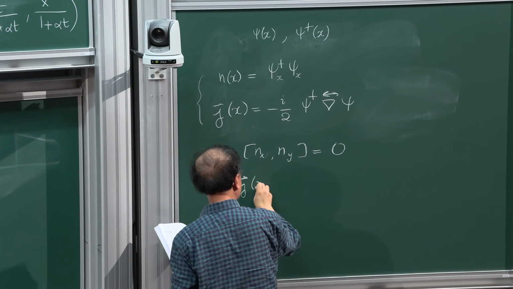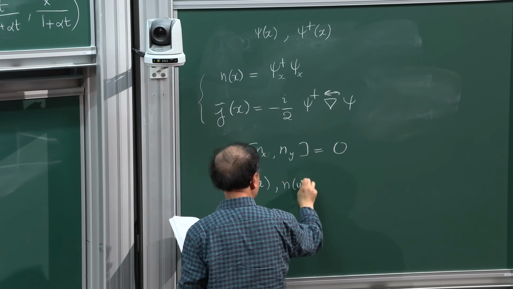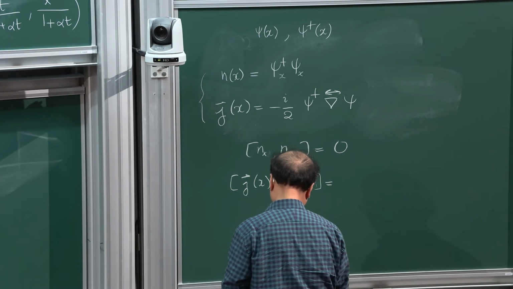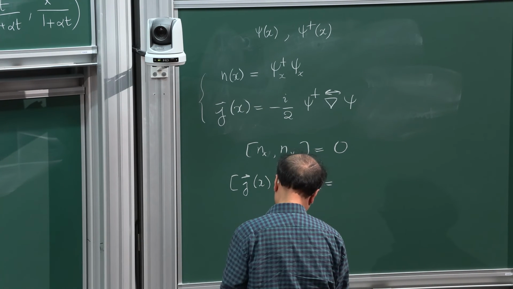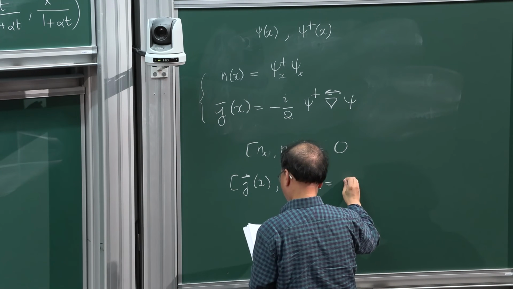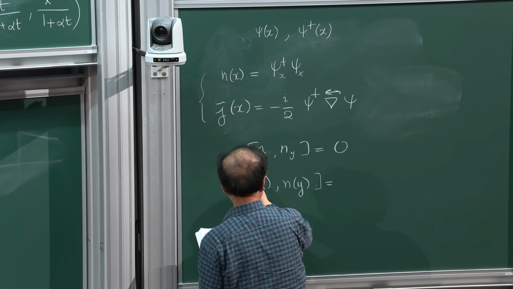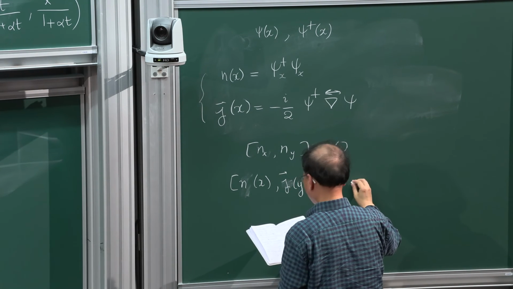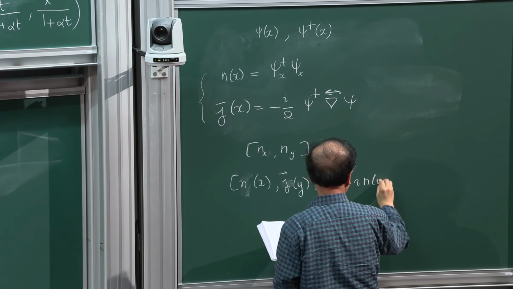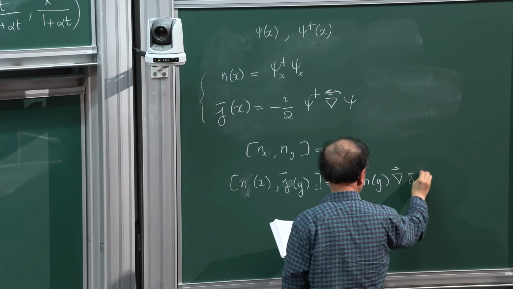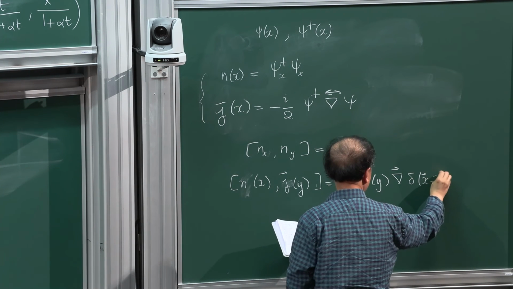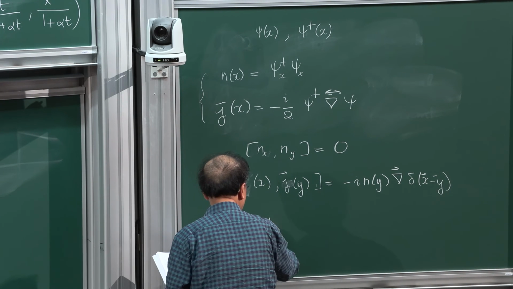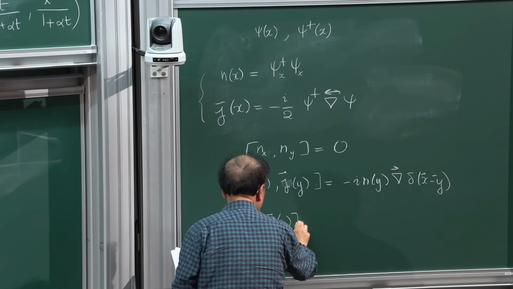J of x, n of y, let me see, commute to... let me go in this way. n of x, j of y equals minus n of y grad delta x minus y. And one can find that j and j also commute to itself.